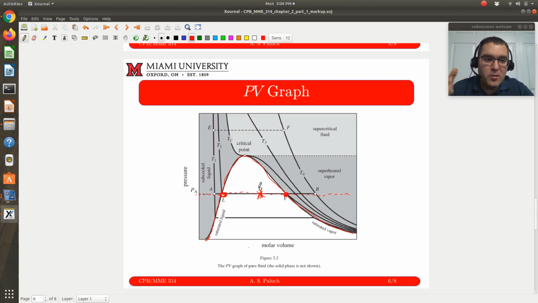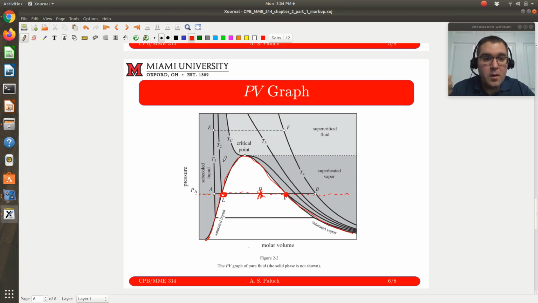So I want to remind you of the Gibbs phase rule. If I have a single component two-phase system, I have just a single degree of freedom. So molar volume would be enough to pin down the state of my system. And how do I find the pressure? Well, I draw my isobar across and read off my liquid and vapor volume.